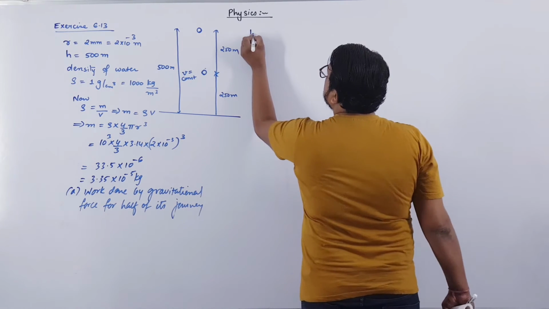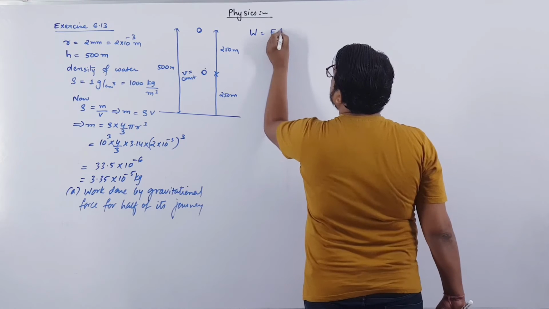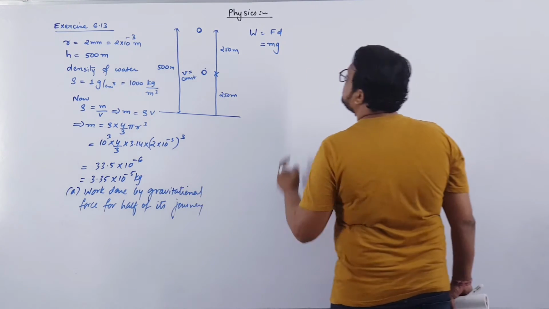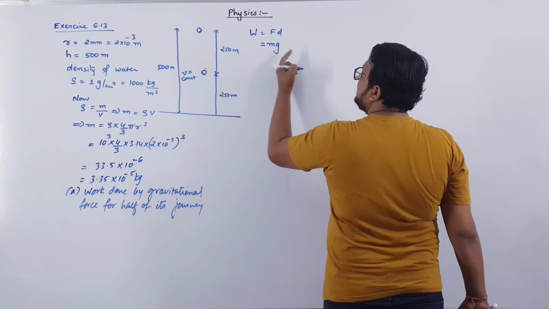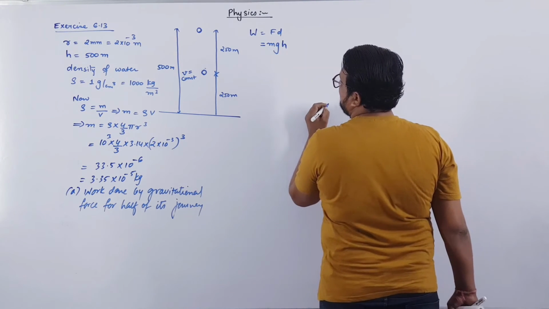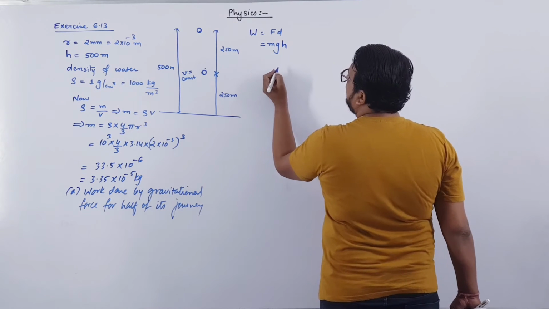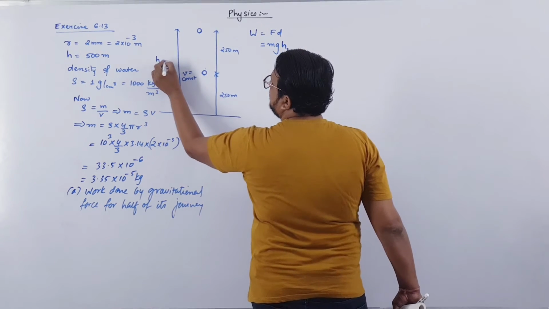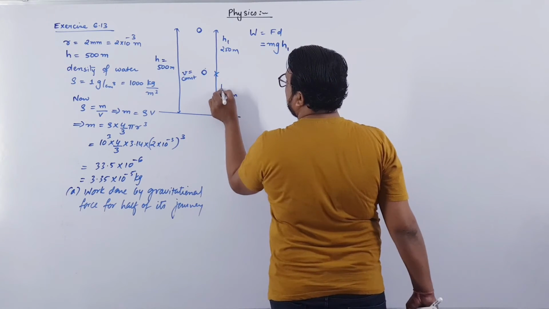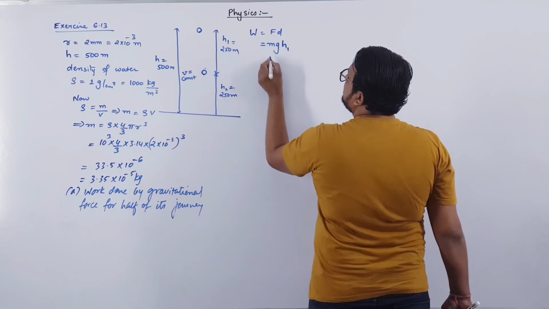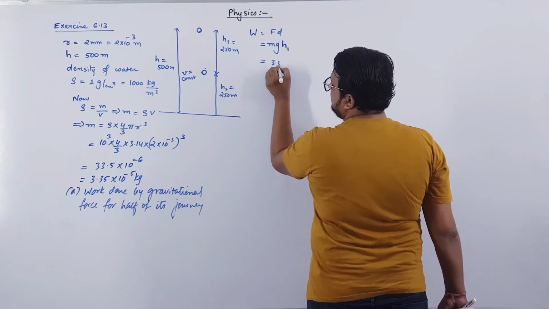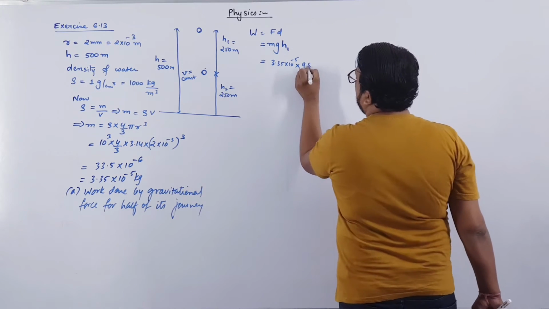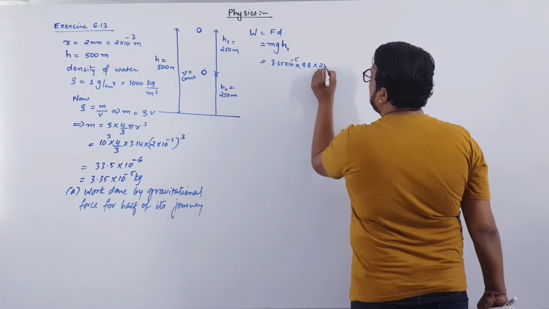Work is force into displacement. Here the force will be mg, the gravitational force, because we want to find the work done by the gravitational force, and the distance is height h. For half of the journey, let us write this as h1. This is the total height h, and this is height h1 and this is height h2, let us say. So m here we got 3.35 into 10 to the power minus 5 into g, 9.8, into height 250.